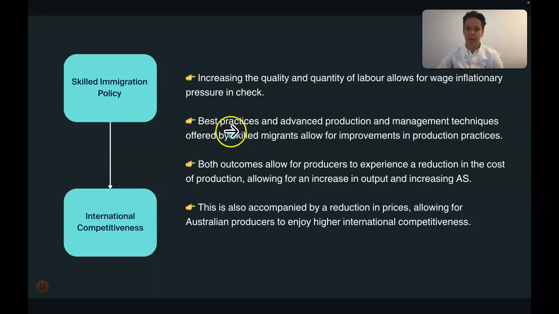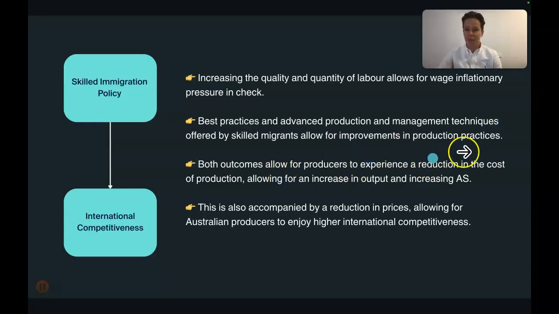The other aspect is best practices and advanced production and management techniques, which I've taken from the other slide, offered by skilled migrants, allowing for improvement in the production process. So if you've got someone with particular skills that's come in to support your production processes and they're really good at it because that's the thing they're here to do, we should enjoy higher output per unit of input, okay?